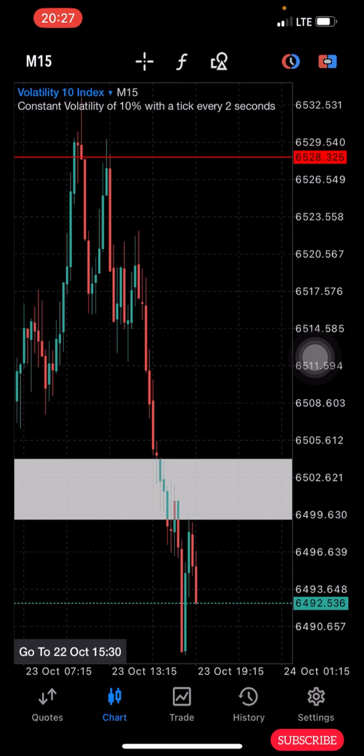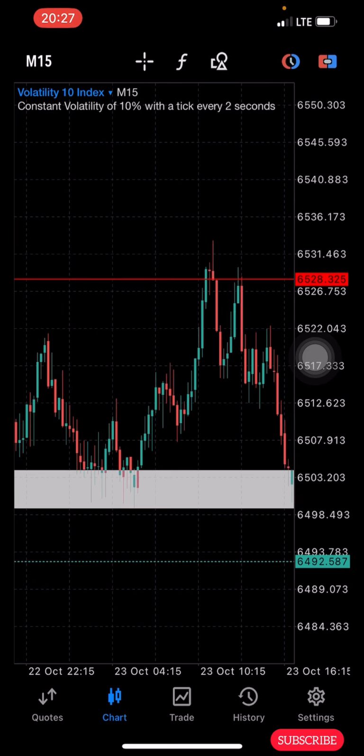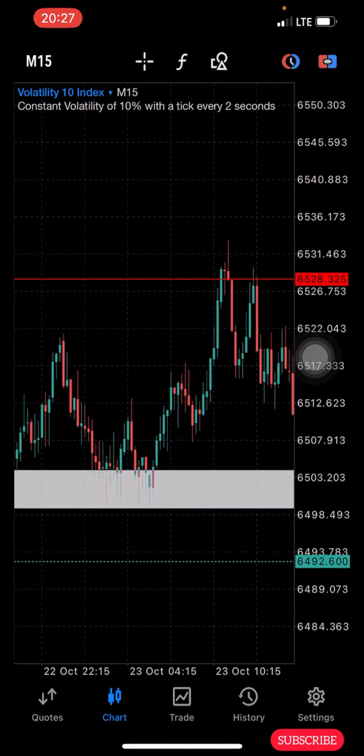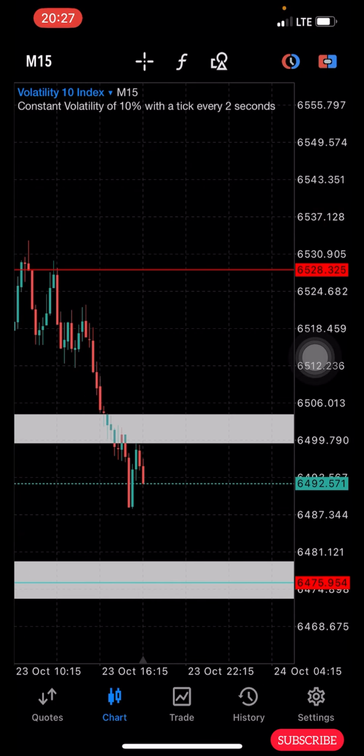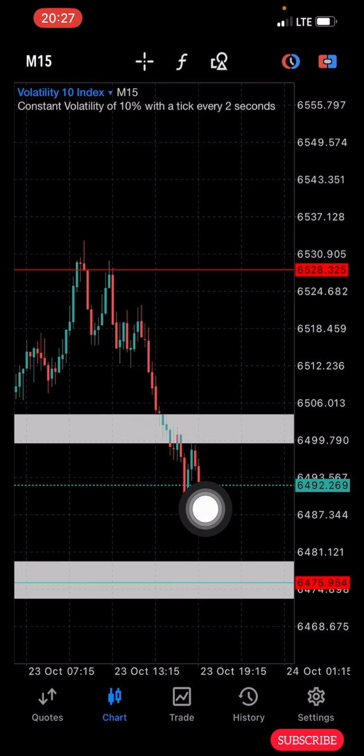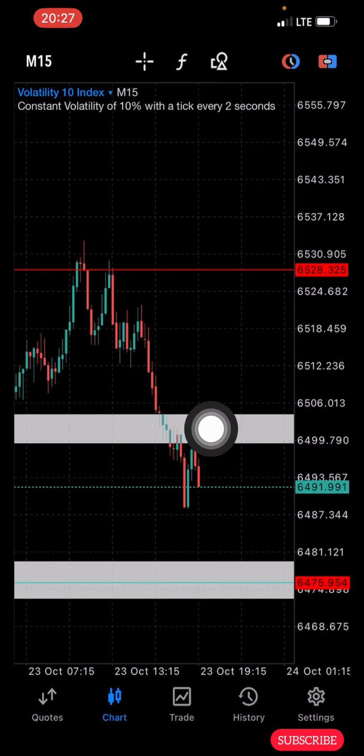Here on the 15-minute time frame, you can see that we are already late for the entry, because right here you can see the price just broke below our support. The support is now serving as a resistance. Price got there, retested it, and you can see that price is heading down to this support level now.